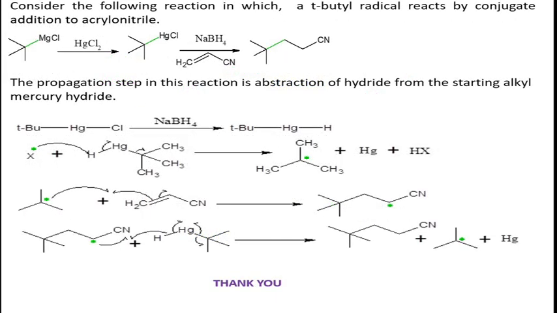See one more reaction. This tertiary butyl magnesium chloride reacts with HgCl2. Hg goes in place of Mg and Mg goes in place of Hg. We have not shown MgCl2, but there is a transmetallation reaction. There is an exchange of the position of metals.